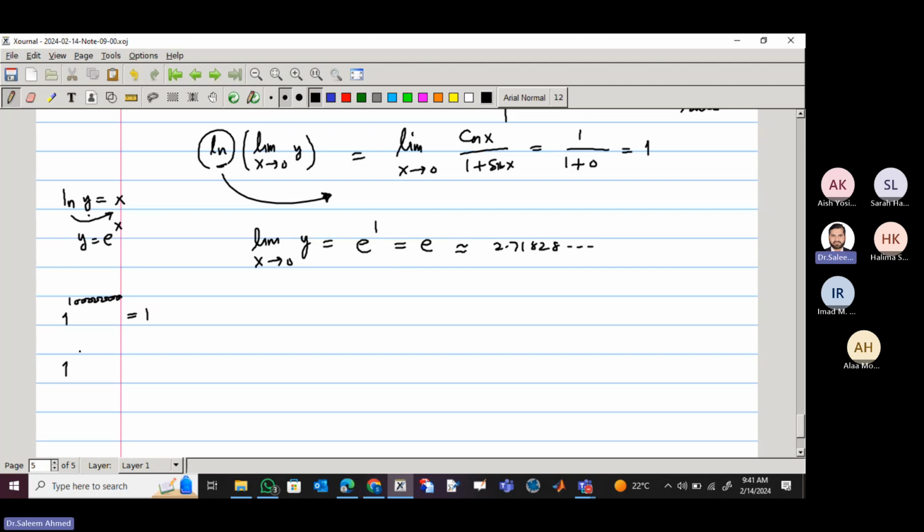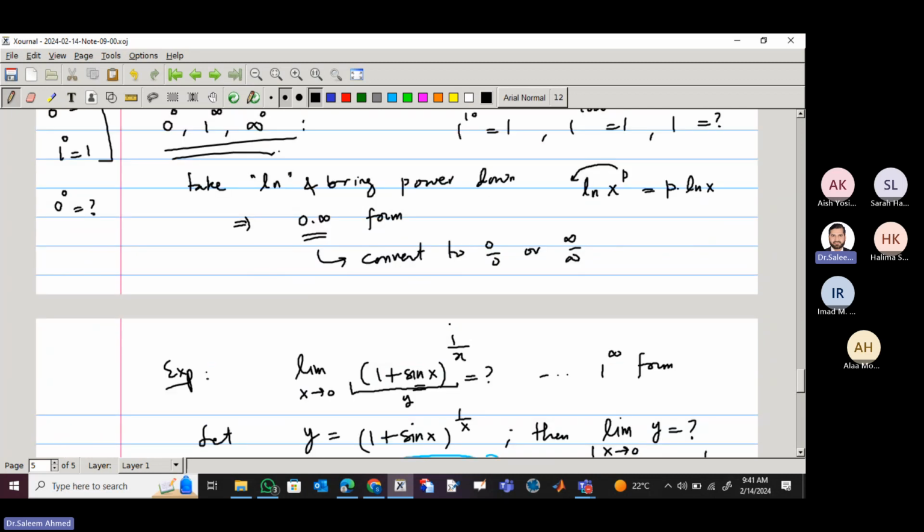But once it has become infinity, we don't know what the answer should be. So we are not saying that whenever we have 1 to the power infinity, it will be 2.7183. No, we are not saying that. We will have to see what the answer is. In this question, the answer has become e, which is 2.718.